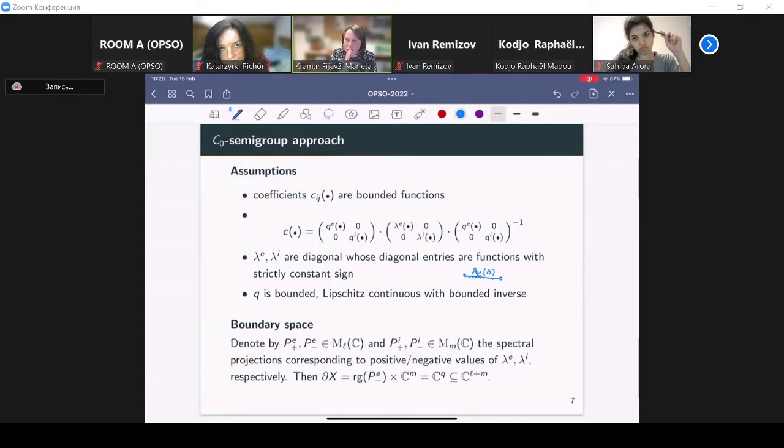It will not change sign within this interval. So this means that some of these lambdas are positive and some are negative. And then we can denote the spectral projections corresponding to these negative and positive values. And now our boundary space is actually given here.